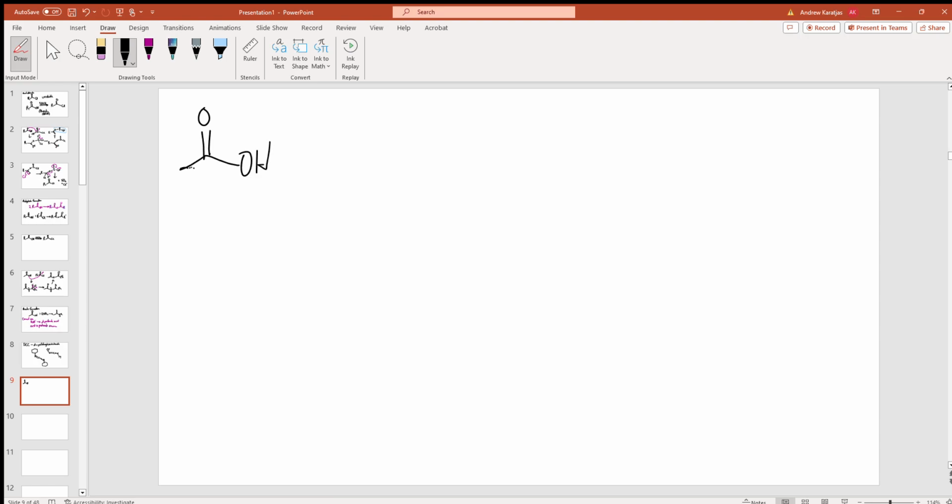So we start with our carboxylic acid. And here's our DCC. And one of the nitrogens on DCC will remove the carboxylic acid proton.